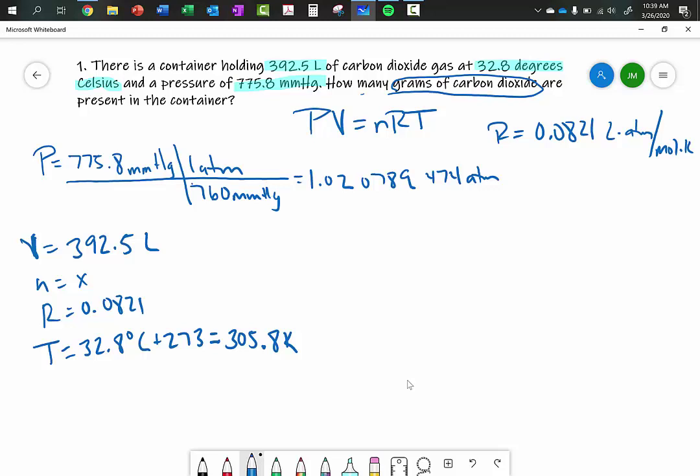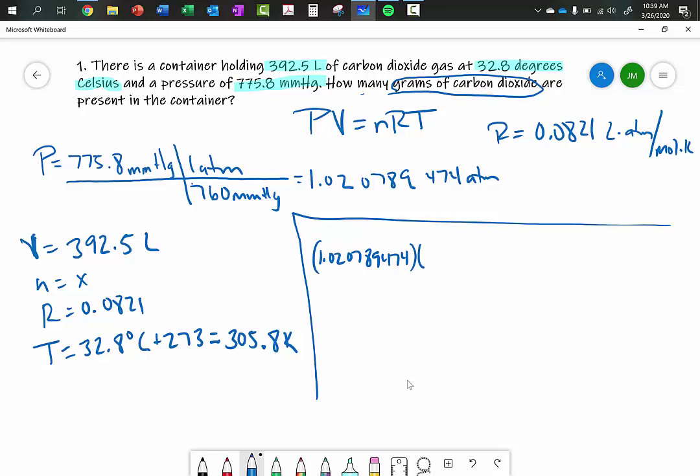All right, so I have everything except for moles. So when in doubt, solve for moles, of course. I'm going to set up my equation here: 1.020789474 times my volume of 392.5 equals moles times my constant times my temperature. So this is just becoming an algebraic equation.